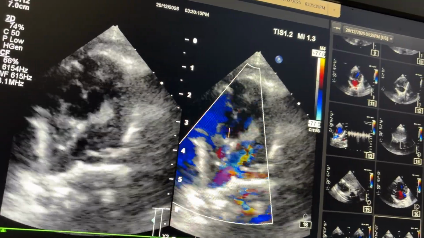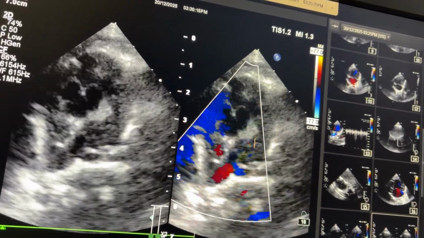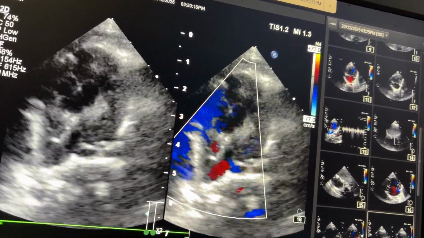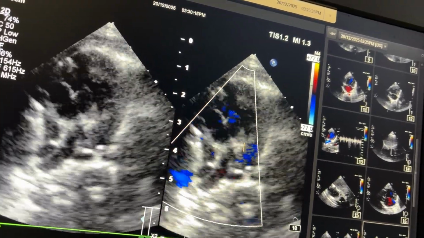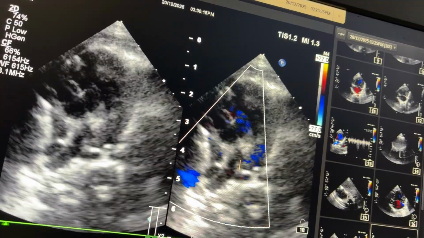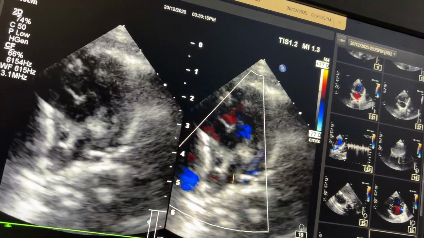This is the aorta and this is the pulmonary artery. Turbulent flow is in the pulmonary artery. So subpulmonary obstruction and hypoplastic pulmonary artery branches.